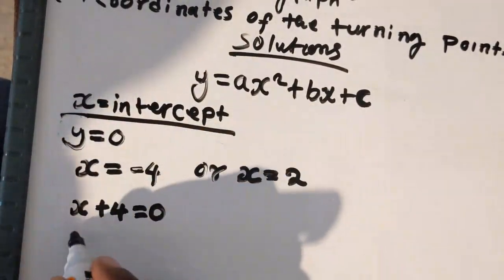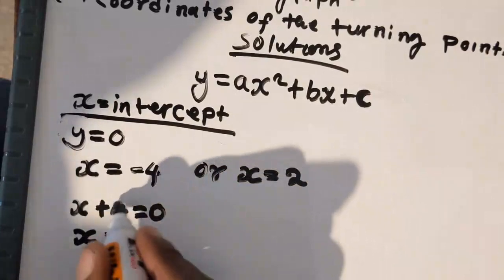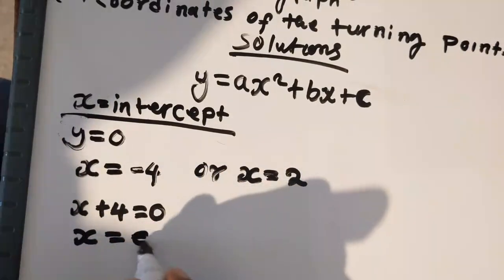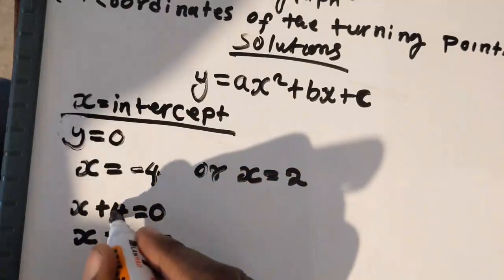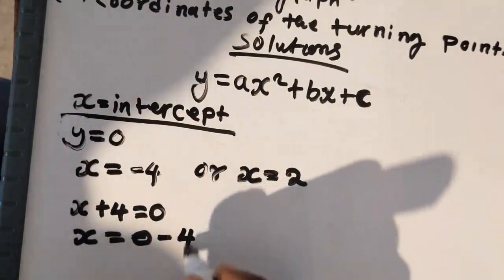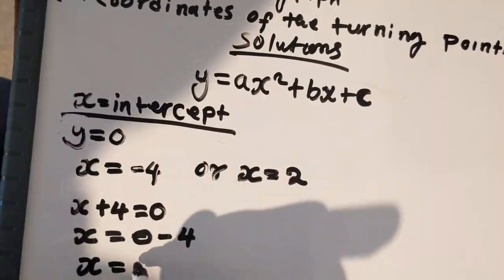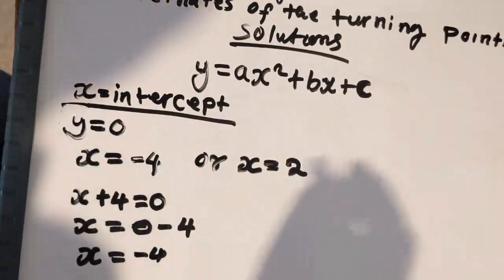That's why they found x is equal to, when you take this to the other side, it will become negative. So when it is positive 4 and comes to this side, it becomes negative 4.